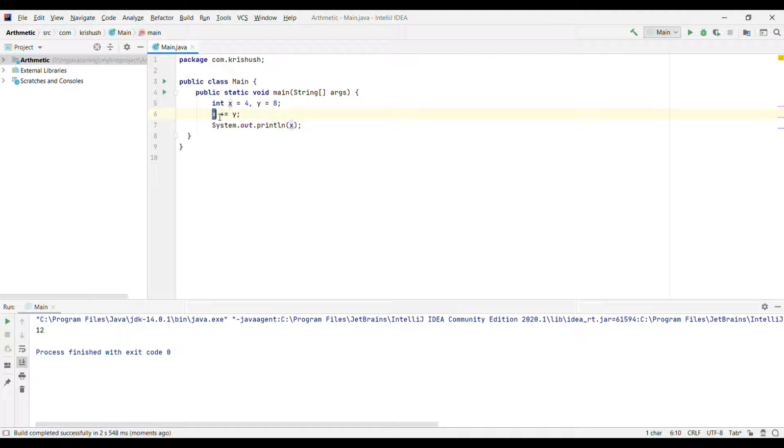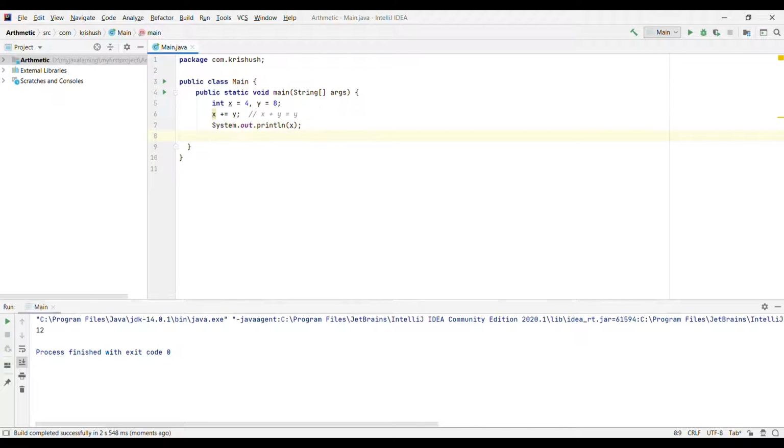Because x plus equals y means x plus y is assigned to x, which gives 12. That is what we have got with this code.